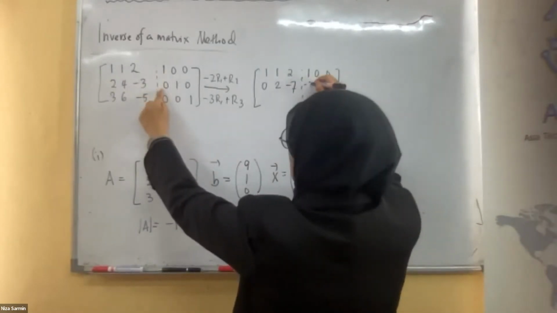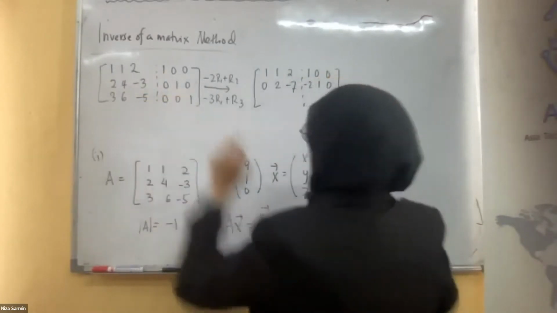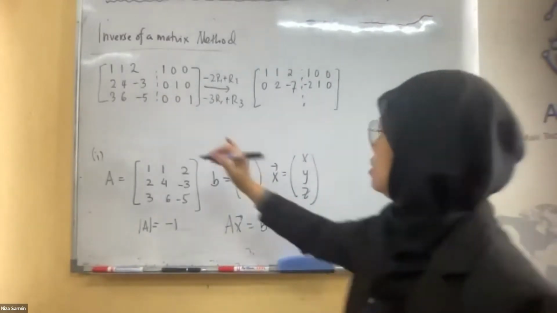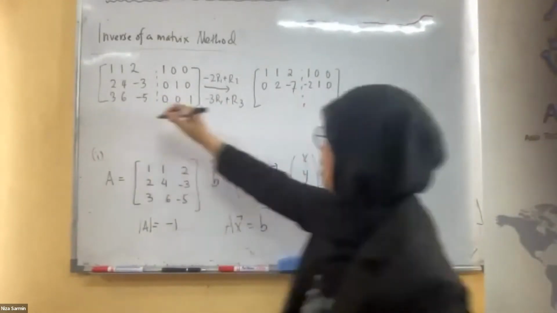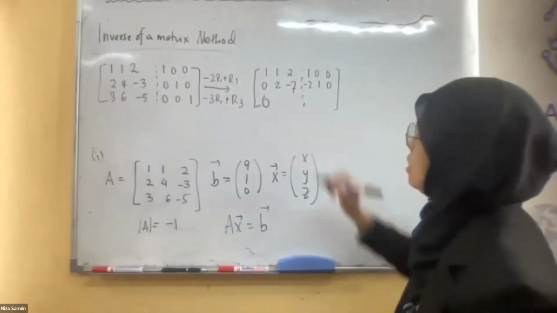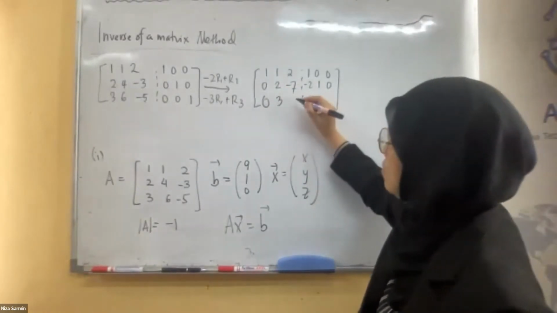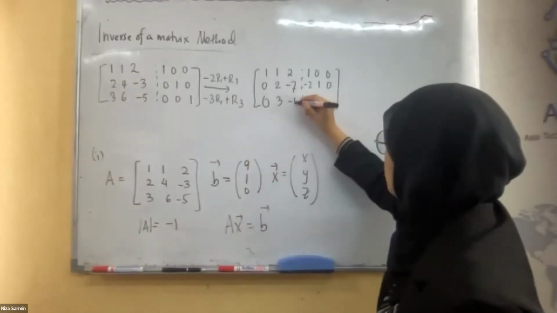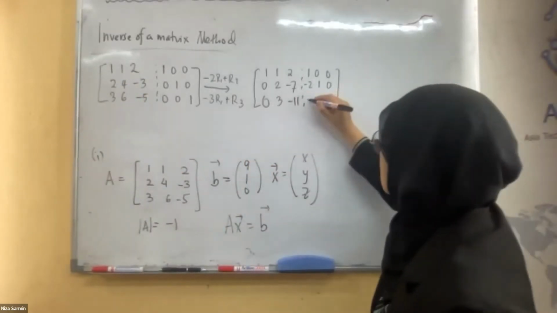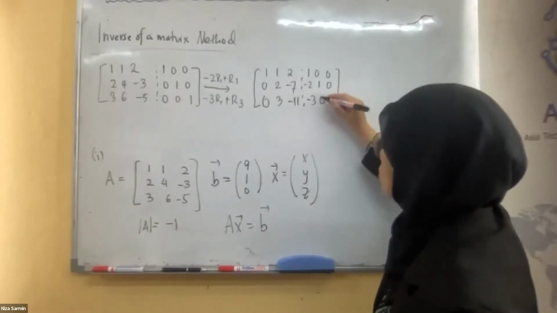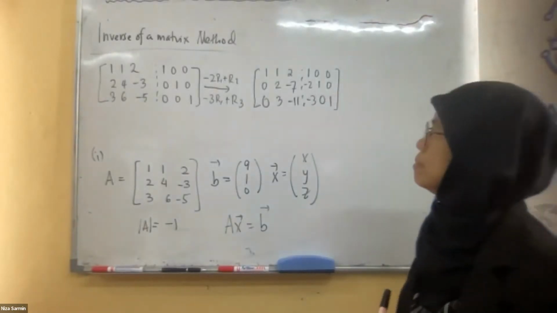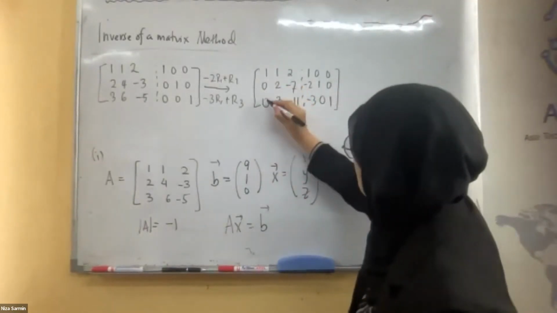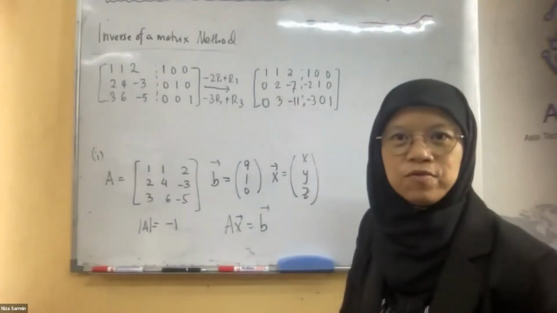Negative 2 and add. Now, this one is negative 3 and add. Negative 3. Negative 6 plus negative 5 is negative 11. Negative 3, 0, 1. Is it okay so far?